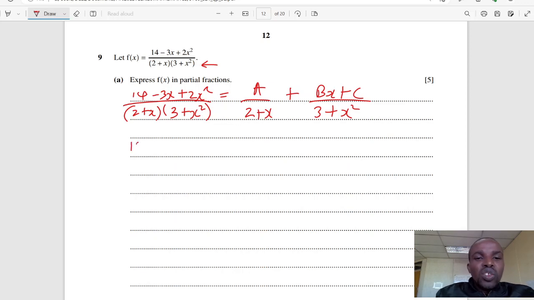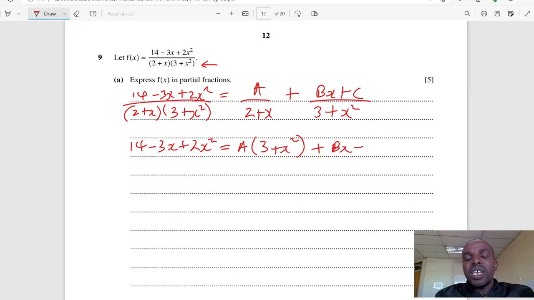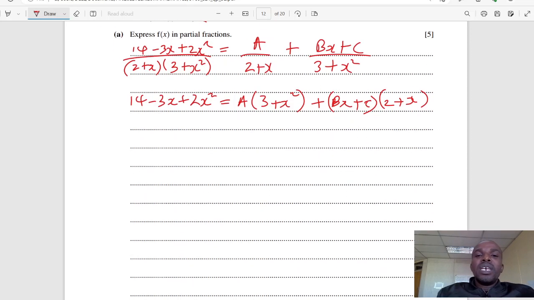So this side will be reduced to 14 minus 3x plus 2x squared is equal to a multiplied by 3 plus x squared, then bx plus c multiplied by 2 plus x, like this. Right, then we have to try and error. Let x be negative 2. If I say x is minus 2, I can eliminate b and c. I can find my a.